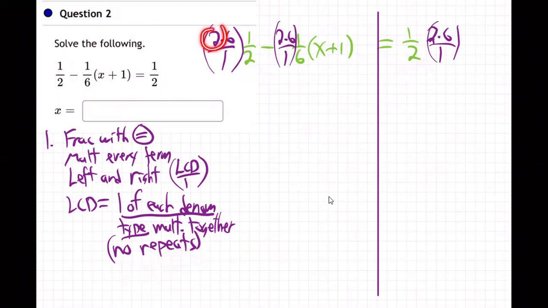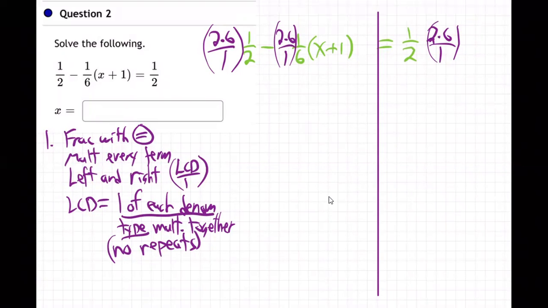Does that make sense? If instead of a 2 this was a 3, then I would use 2, 6, 3 over 1 each time, wouldn't I? If there are 3 different denominators, then you've got to use all 3 over 1. But they were not. They were repeats. So you don't use repeats.